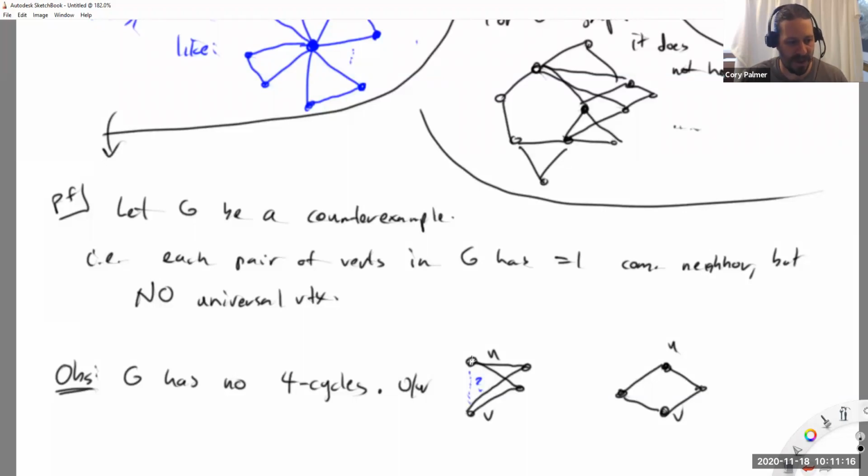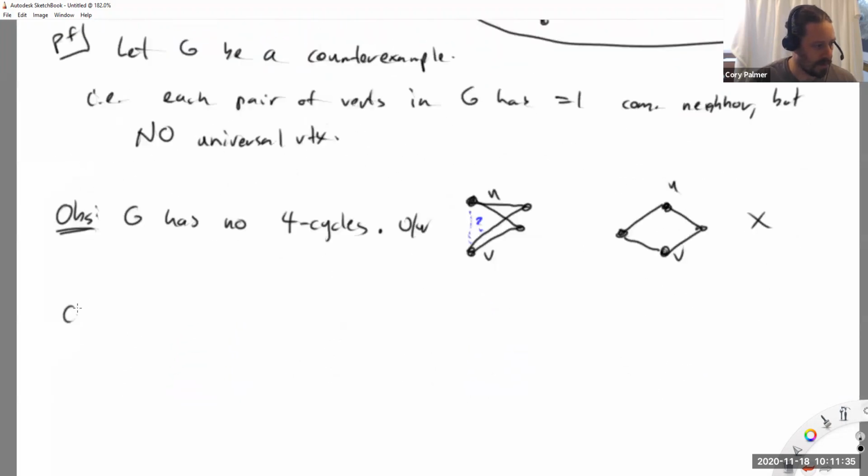And that's literally saying I have 2 vertices, whether or not they're joined by an edge, with 2 common neighbors. That's impossible. So this follows immediately from the common neighbor property. We'll use that a couple of times, mostly in the next part. Using that, we're going to prove the following claim. This is a little more involved: that G is a regular graph.